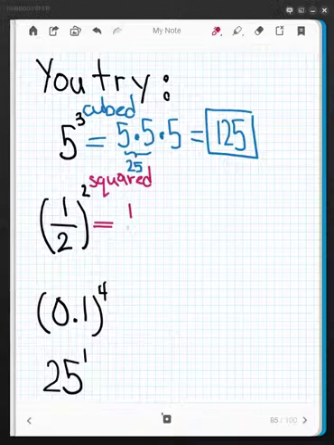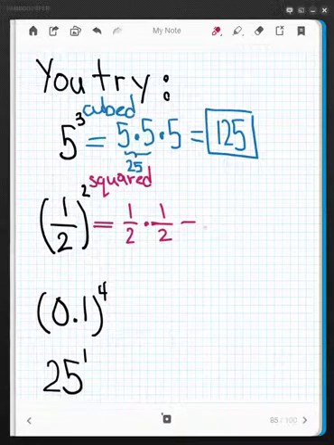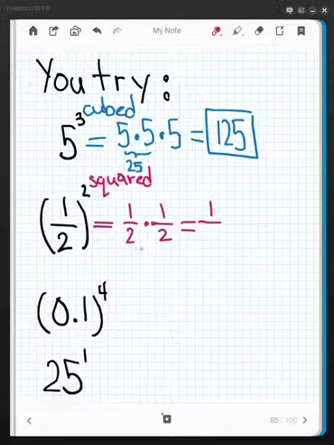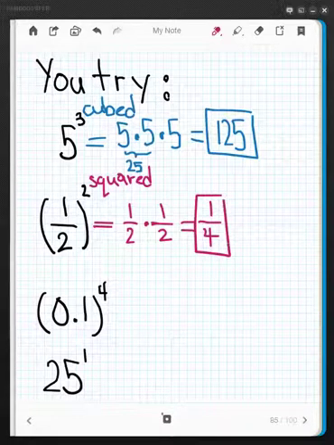That means we're going to use the 1/2 as a base, or the base as a factor 2 times. 1/2 times 1/2, 2 factors of 1/2. And multiplying fractions, remember, is quite easy. We multiply the numerators. 1 times 1 is 1. And we multiply the denominators. 2 times 2 is 4. So 1/2 squared is 1/4.